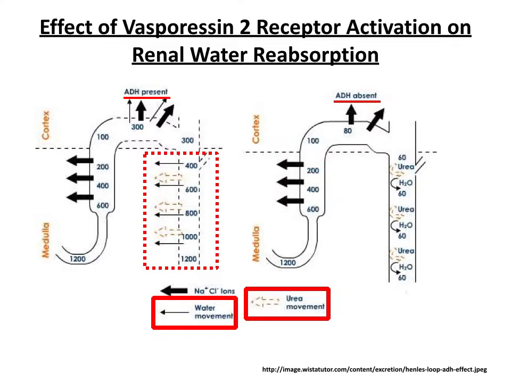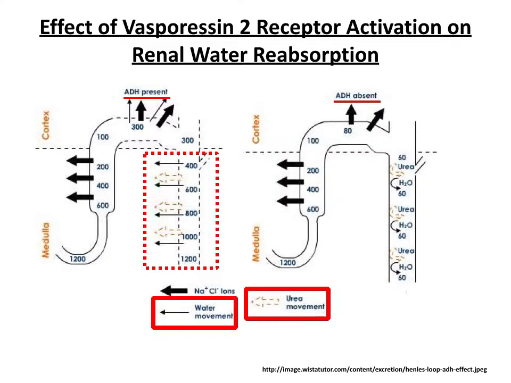The big thing is, here on the left-hand side we have antidiuretic hormone present. On the right side, it's when antidiuretic hormone is absent. This is supposed to be the tubule system, the nephron right in there. Hopefully you can see that, it makes sense.